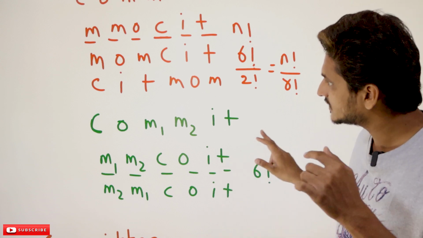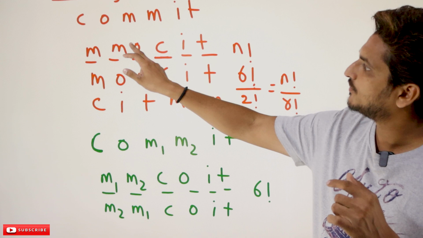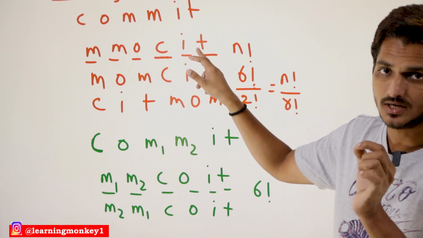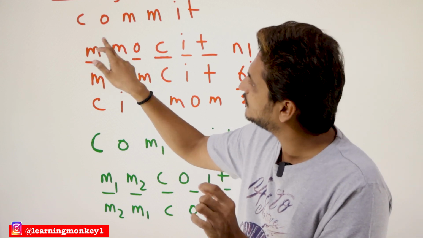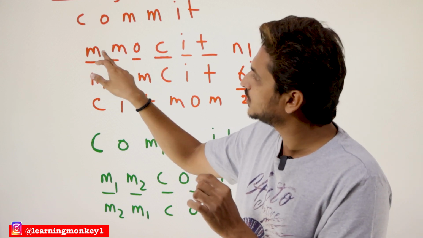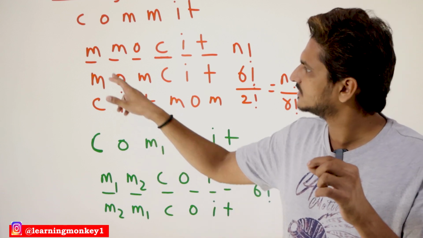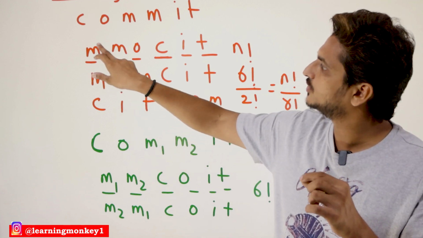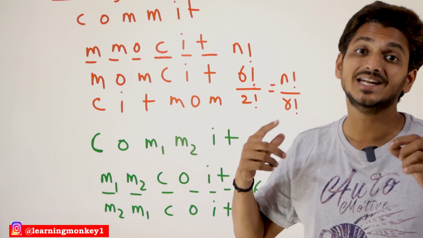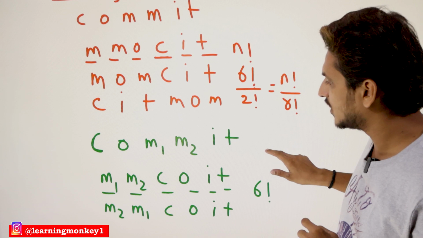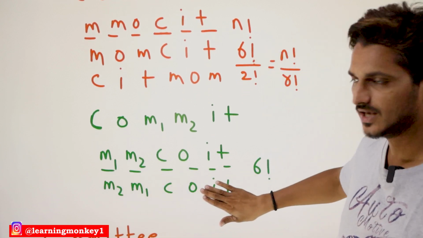But in our situation, M-M-O-C-I-T is one possibility. If you swap these two characters, does it change anything? If you place this M here, you are still getting the same thing. So you are missing the second possibility.